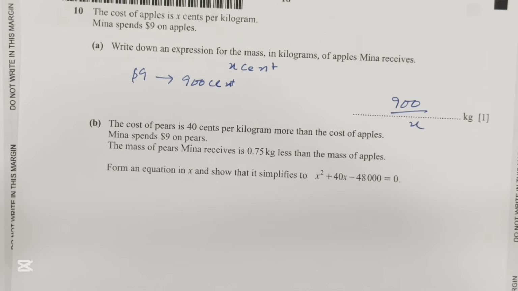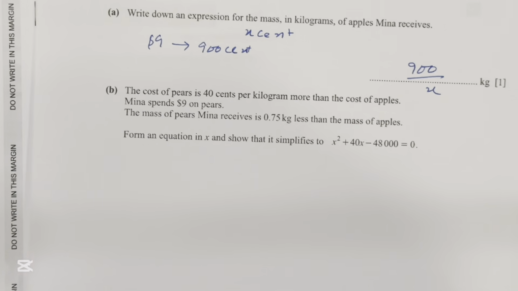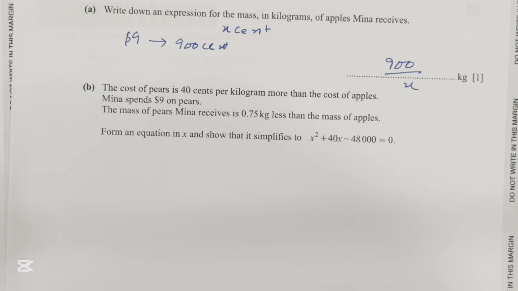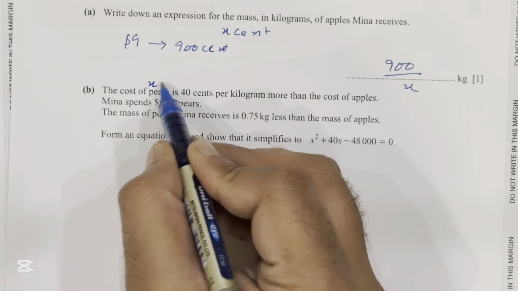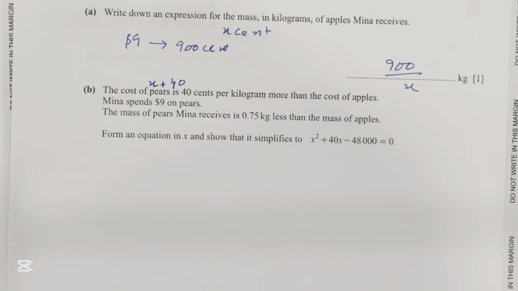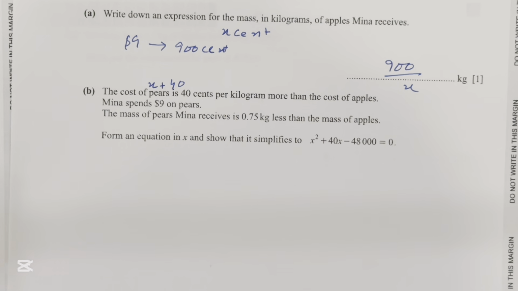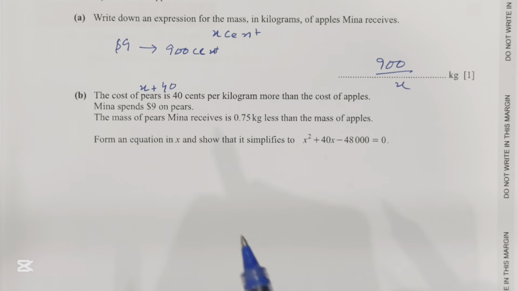For part B, the cost of the pear is 40 cents per kilogram more than the cost of the apple. If the apple was X, then for the pear it would be X plus 40. Meena spent $9 on pear, and the same amount she is spending on the pears. So earlier it was $9 on apple, now it was $9 on pear.